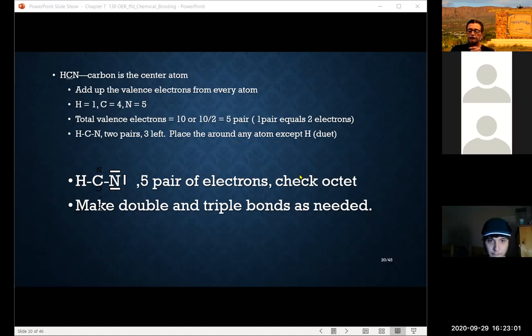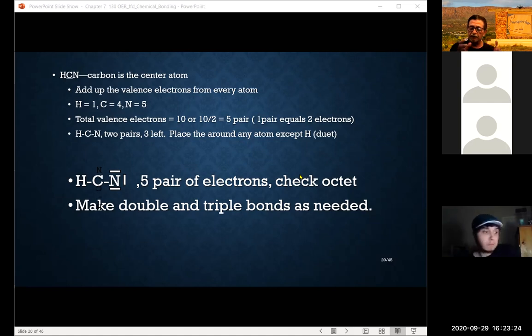So we double check, nor have we gained a pair along the way, because you only have 5 to work with. So now at this point, you check the octet. Duet's happy for hydrogen. Nitrogen is happy because it's 8 electrons around it. However, carbon is not. There's only a total of 2 pair around carbon. So this is where you start making double bonds. And if that doesn't work, you continue to make triple bonds.